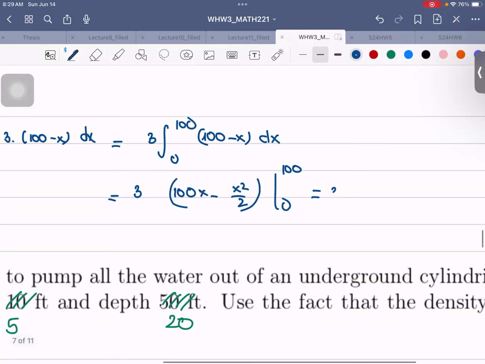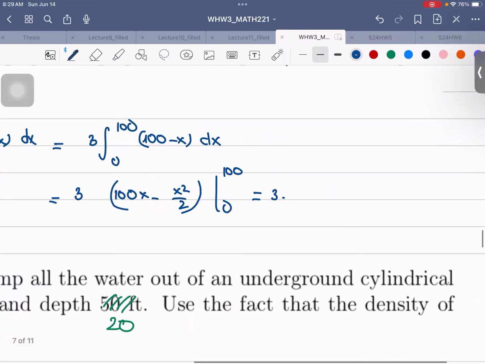Okay, you have 3 over here. If you plug in 0, it's not a big problem. If you plug in 100, what are you going to have? You're going to have 100 times 100 minus 100 squared divided by 2.